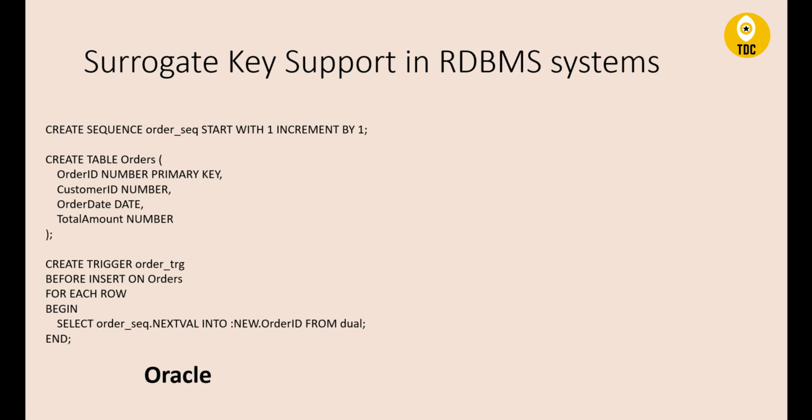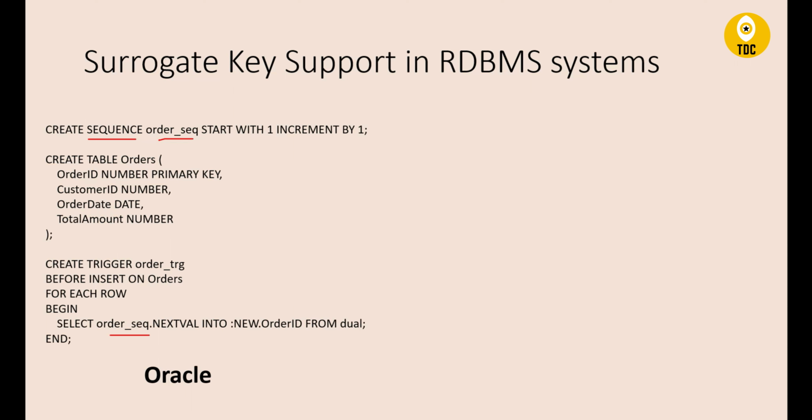Continuing with that, Oracle, as you can see, is not straightforward. You need to create a sequence, and mention whether you want to increment by 1, 10, or 2 every time, by how much value the increment should happen. Then you refer to that particular sequence here, in this order sequence, and you create a trigger on that particular orders table, defining the sequence for it.